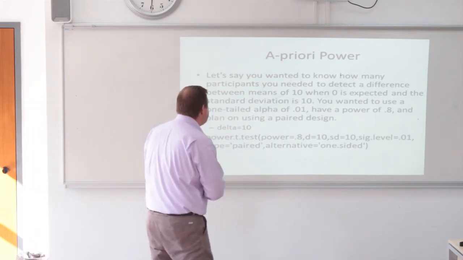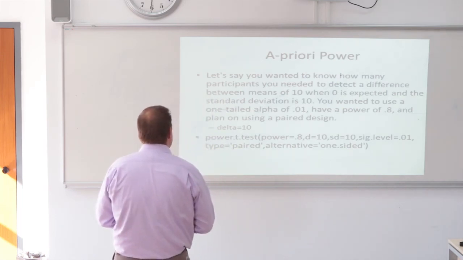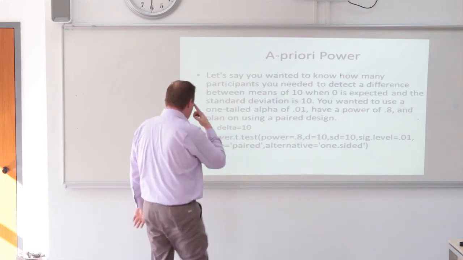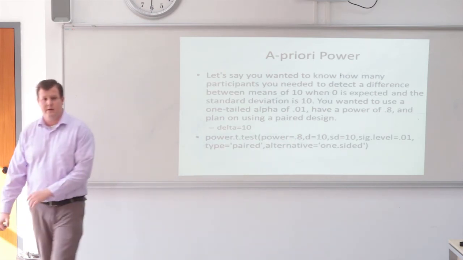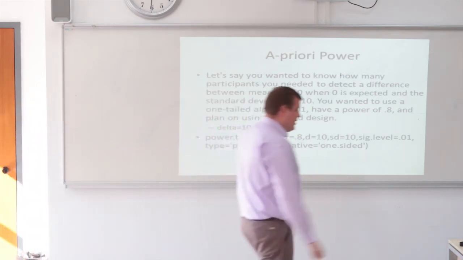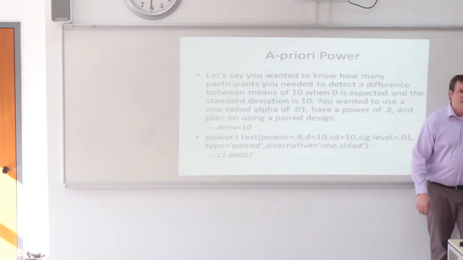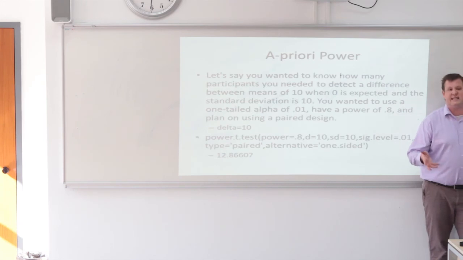Did I say something about the alternative? One-tailed, yes, one-tailed. Okay. All right, so do it. 11 point something, 12 point something, 12 for n. So that means you need 12.866 observations for each sample.